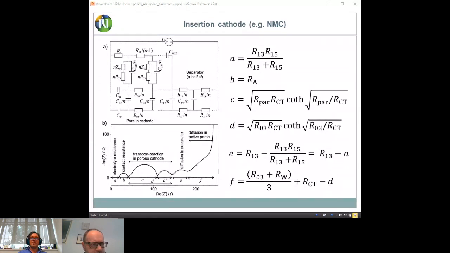But a symmetric cell is a good start to study one electrode, because everything is just multiplied by 2. You put in some separator, maybe vary the type or size of the separator, and also the thickness of the electrode slurry, and then you are already progressing quite well. And then later on, you go to the full cell.